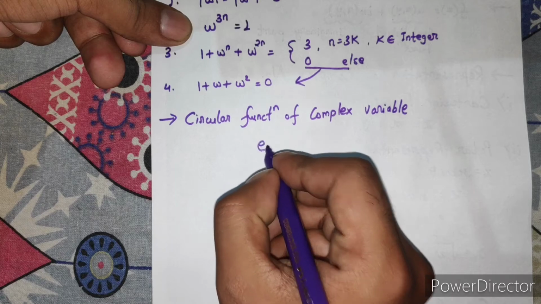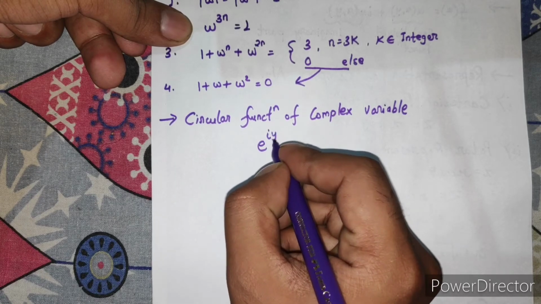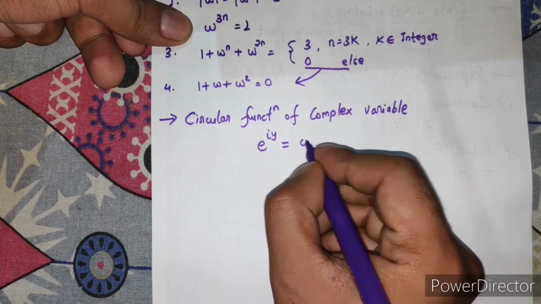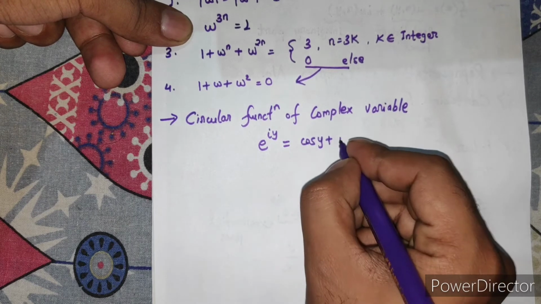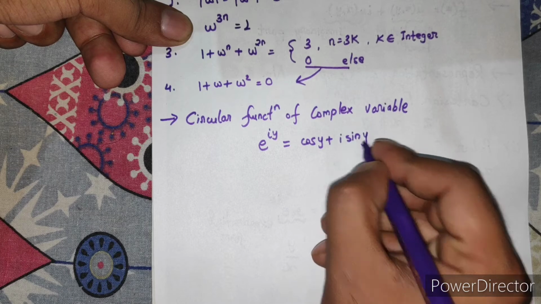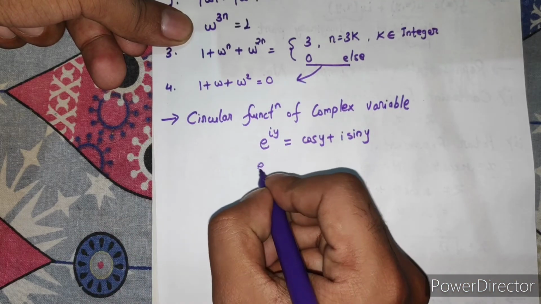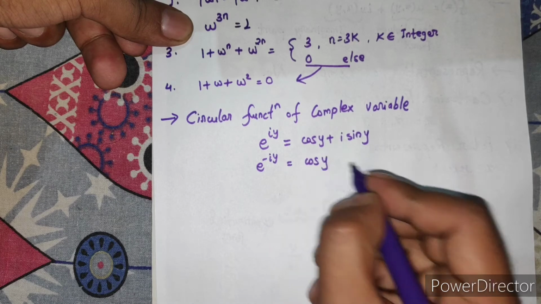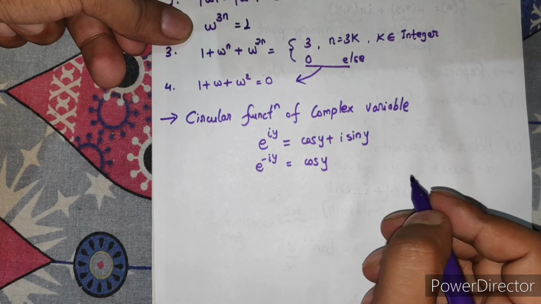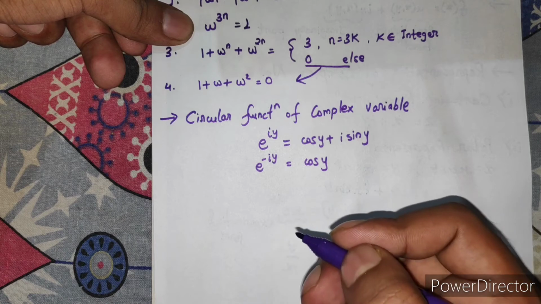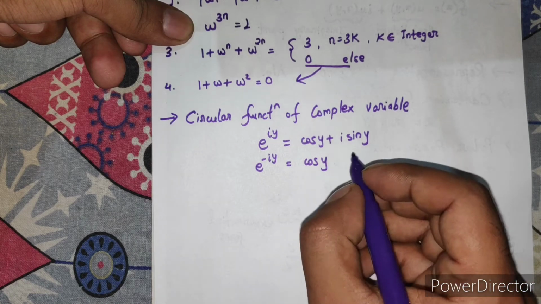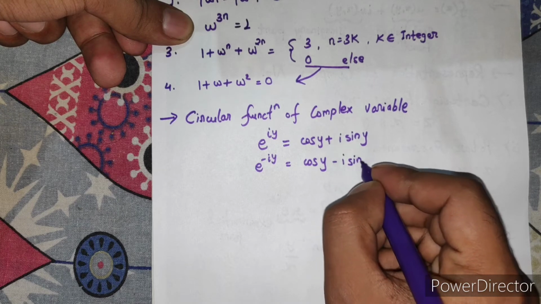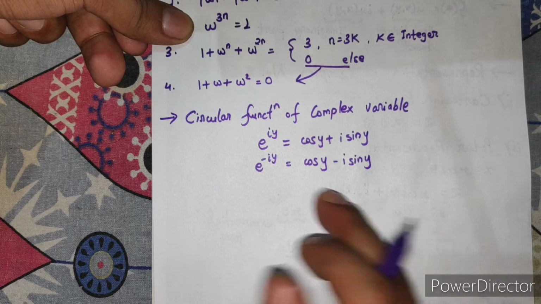Like we know that e to the power iy, you can use x, theta, anything, we can write as cos y plus i sin y. Now e to the power minus iy can be written as cos y minus i sin y. I don't want to show you the derivations, but this will help you get these things easily when we solve some complex problems.